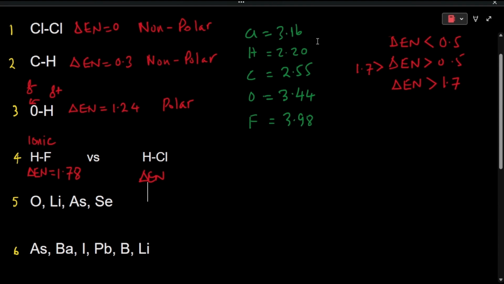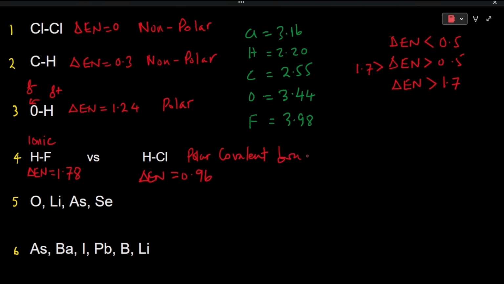The difference in their electronegativity value is 0.96, which falls within the second option, greater than 0.5, less than 1.7, it makes hydrogen chloride bond a polar covalent bond. And here also it means that the hydrogen end of this molecule becomes partially positive and the chlorine end of this molecule becomes partially negative.